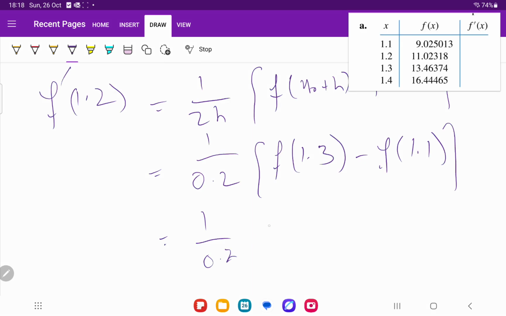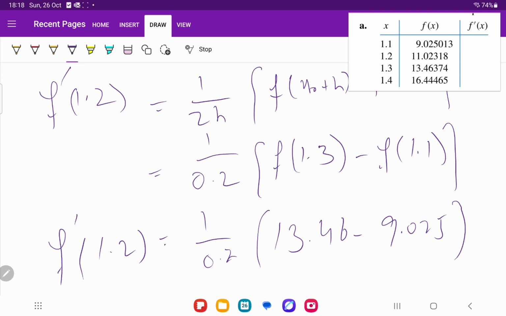So 0.2 and f of 1.3 is 13.46 minus 9.025. After solving you will get the derivative at 1.2.